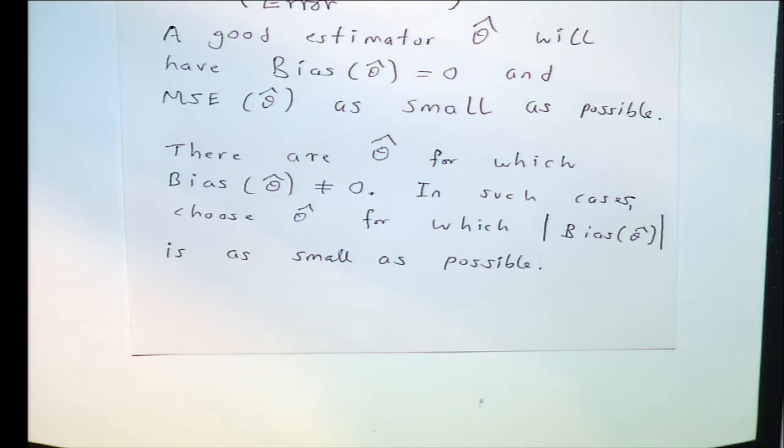In such cases, you need to choose the estimator for which the absolute value of bias, I'm sure you're familiar with this sign, right? Which means the absolute value of bias is as small as possible, right?